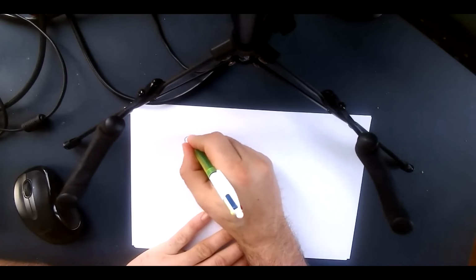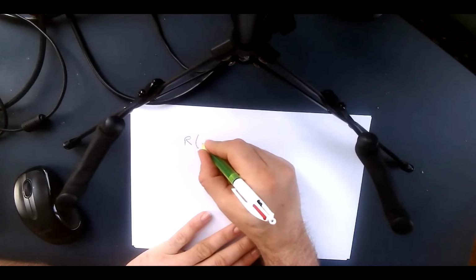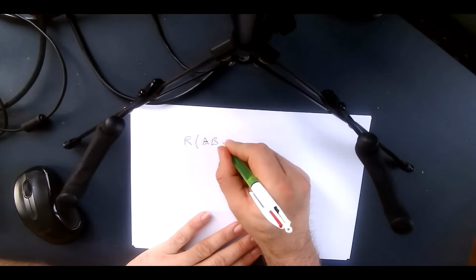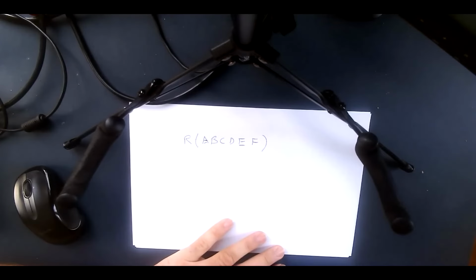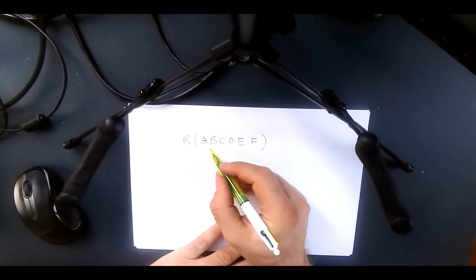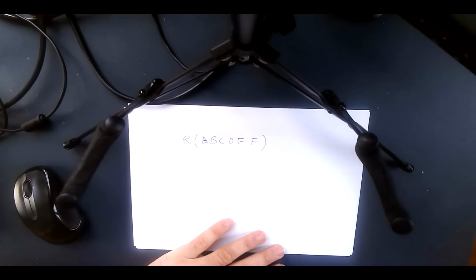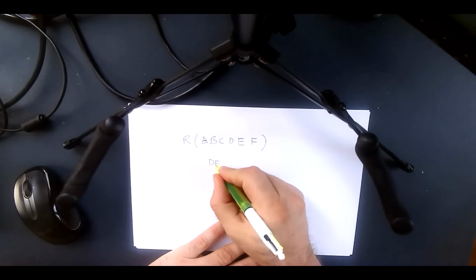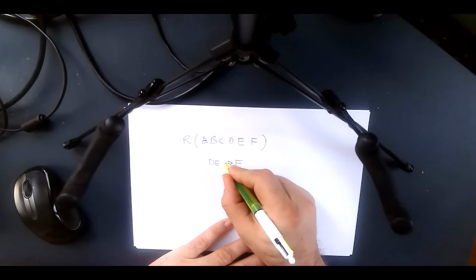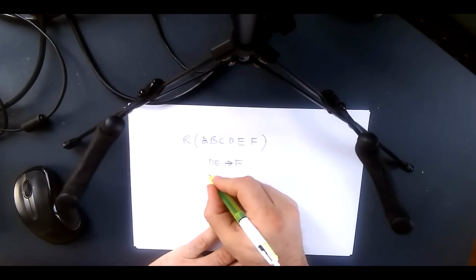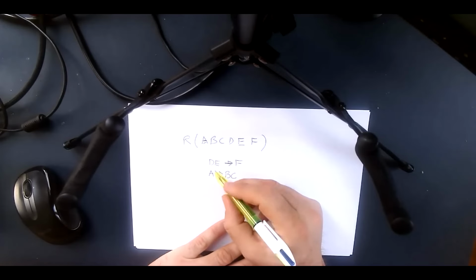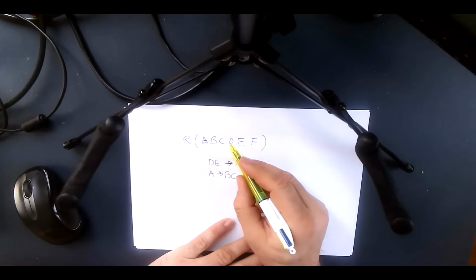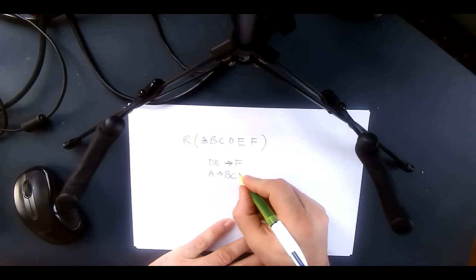We're going to have R, which is usually our universal relation, and we're going to have something like A, B, C, D, E, and let's say F. If we look at the example we had before, we're going to write something like DE functionally determines F, and let's just say that A functionally determines B, C, and D.